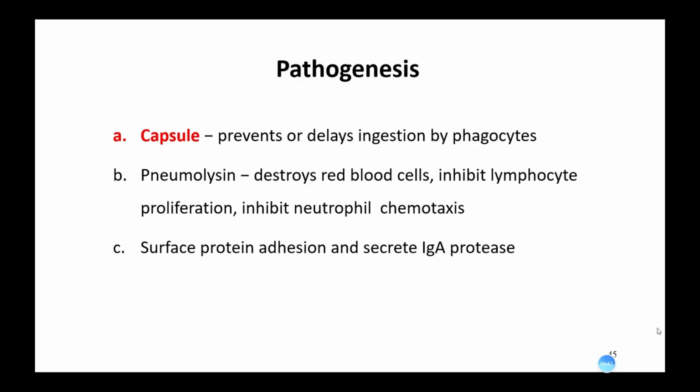And they produce the pneumolysin. It's a molecule which can destroy red blood cells and also inhibit lymphocyte proliferation and inhibit neutrophil chemotaxis.